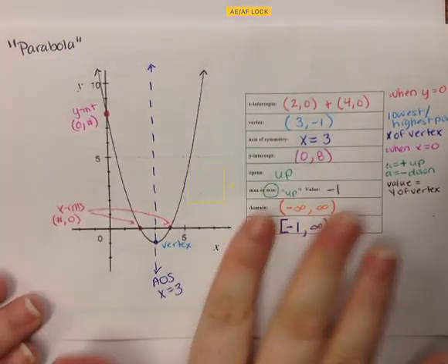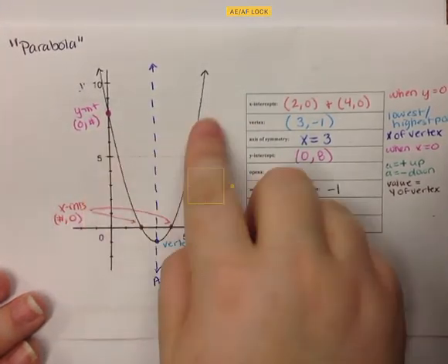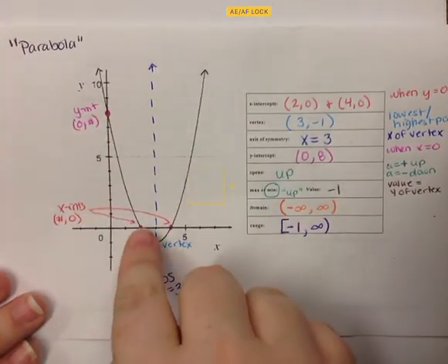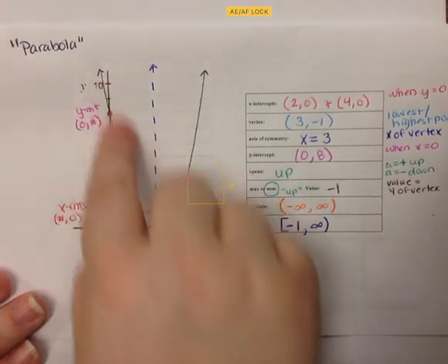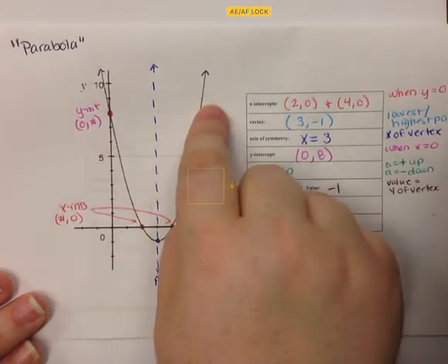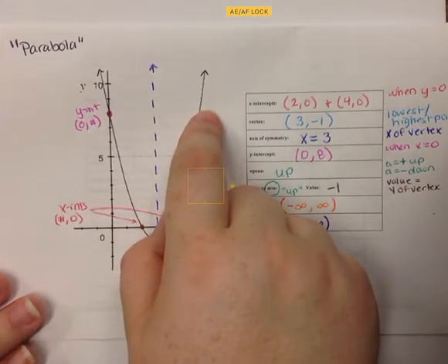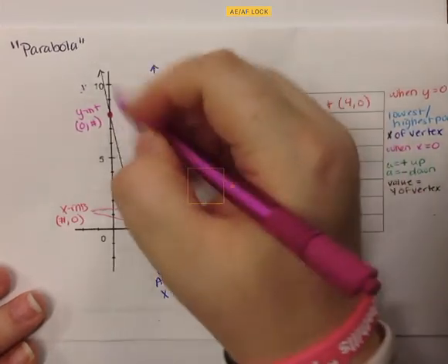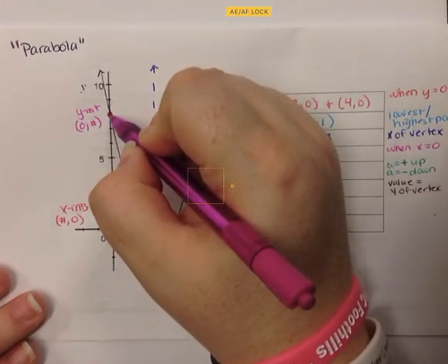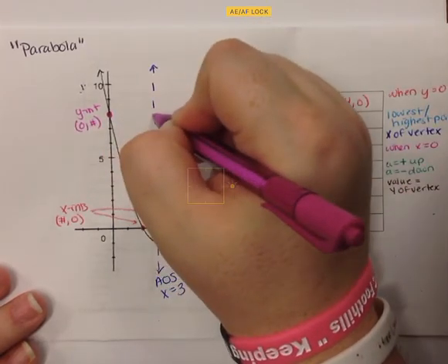Now, before I go on and finish explaining domain and range, I want to go back to the symmetrical part, because we have the x-intercepts, both of them are already plotted. Every coordinate on the left of the parabola can be symmetrical to the right-hand side. So the y-intercept actually has a mirror or a reflected point on the other side. So if 0, 8 is your y-intercept, our mirror point is going to be the same distance away.